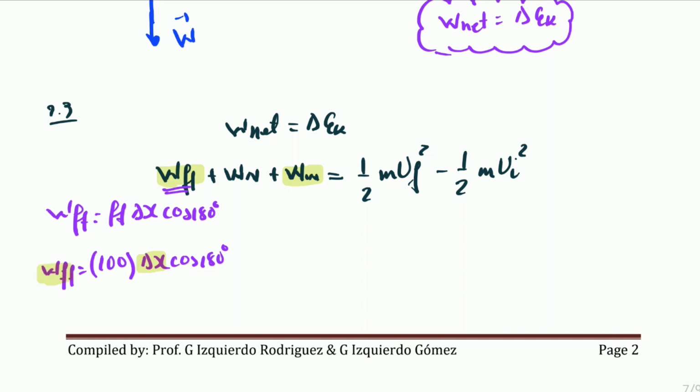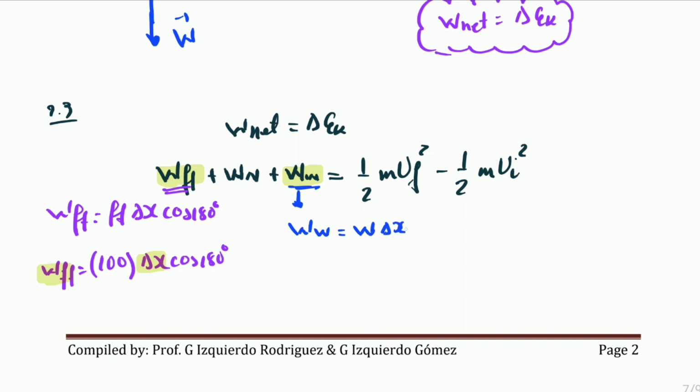We go into the work done by the weight here, which could be the tricky one. I'm going to leave the link of the last video, which can help you to calculate the work done by weight when the object is moving on the inclined plane. So the work done by weight is going to be equal to weight multiplied by displacement.